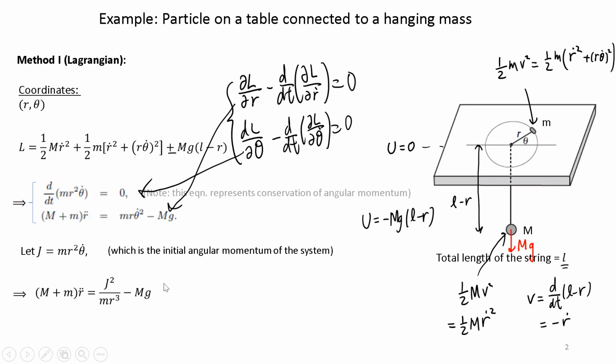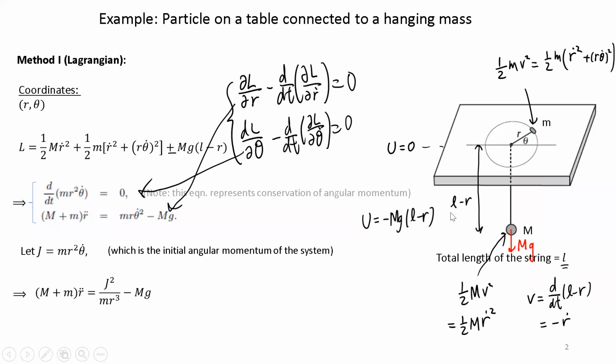And of course, we can also consider a special case, that is when r double dot is 0. I believe you might have learned that special case when you learned about circular motion. That's the case when the tension, providing the centripetal force, exactly balances the weight of the mass.